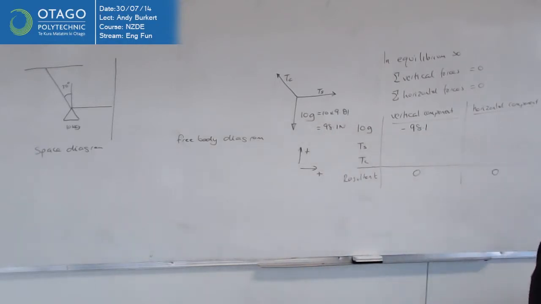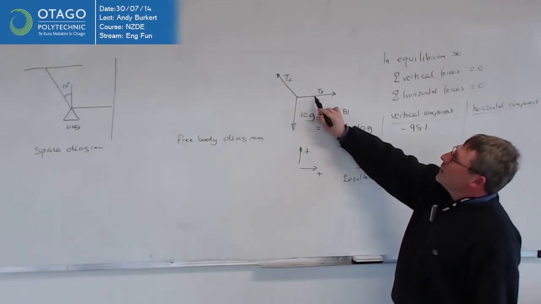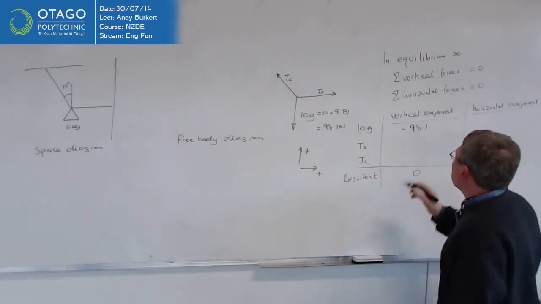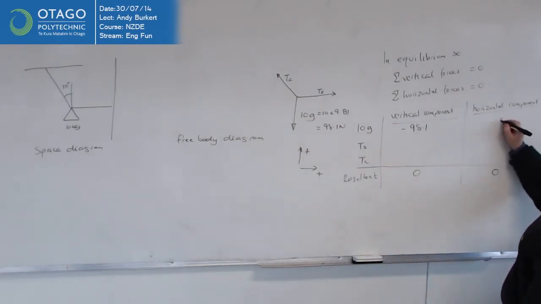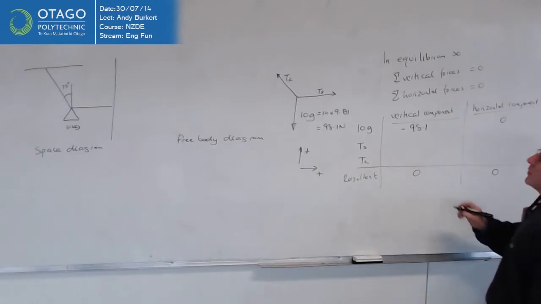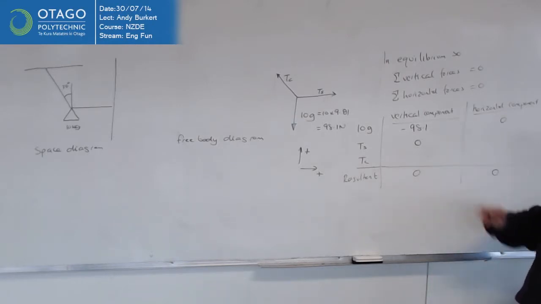What other ones can we fill in? So the 10G has a 0 horizontal component. What other ones can we fill in that are 0? Yep, TS vertically is 0. So that's it, they're the ones we know.